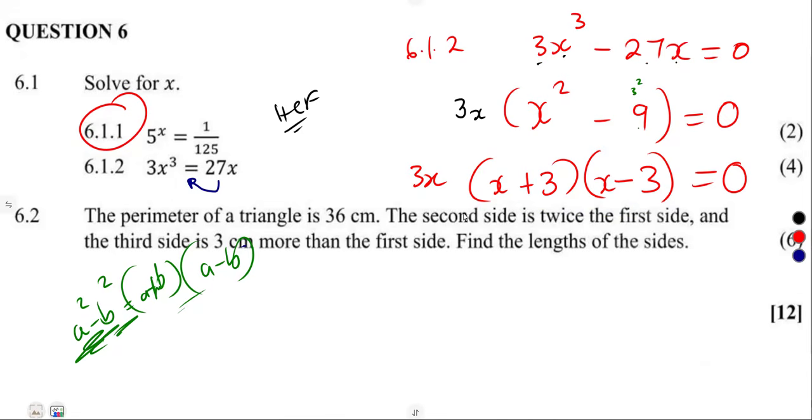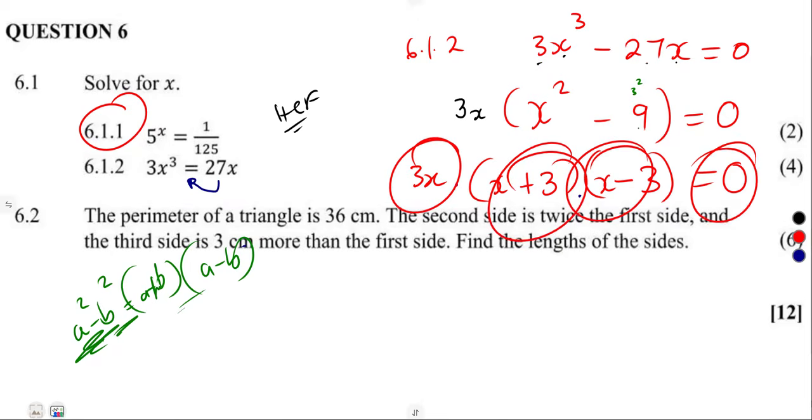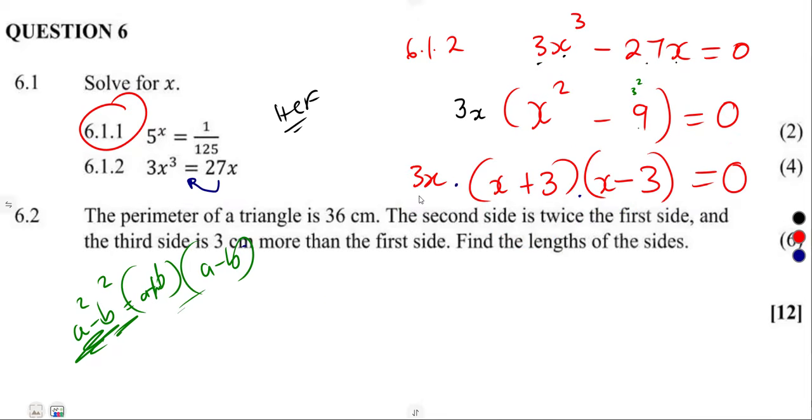So we are back to the product, guys. This is a product of three terms, giving us a 0 like that. So it means each of these three must give us what? A 0. It is either 3x is equal to 0, or the bracket x plus 3 is equal to 0, or the bracket x minus 3 is equal to 0.